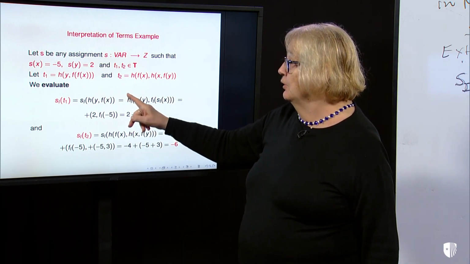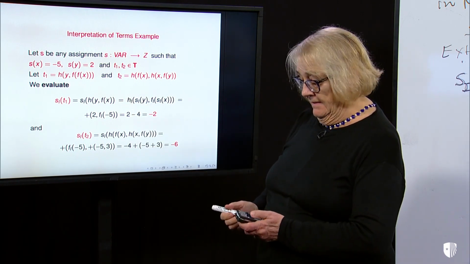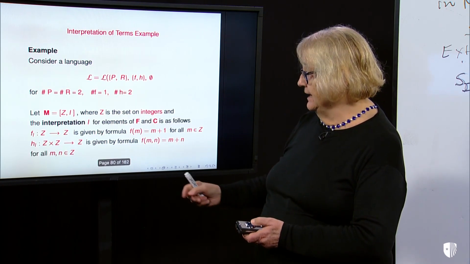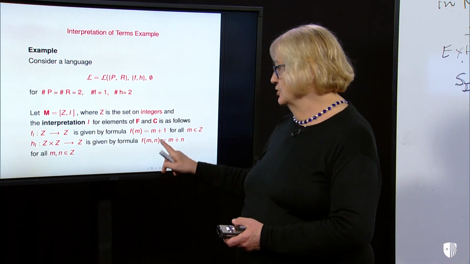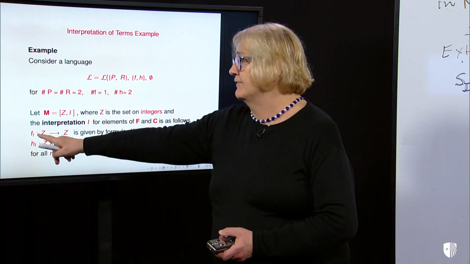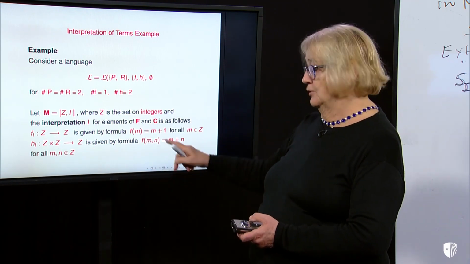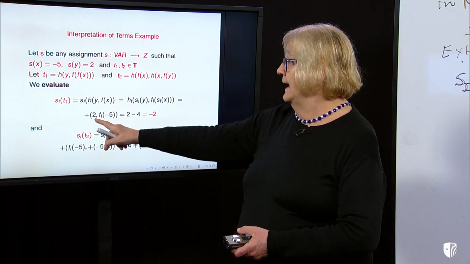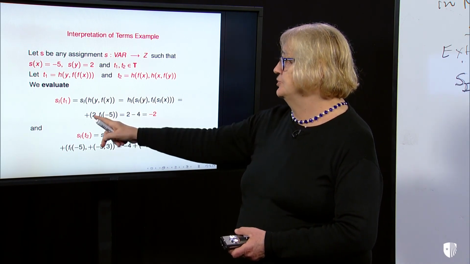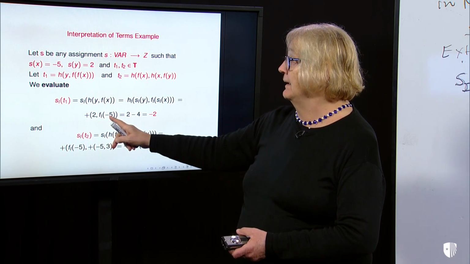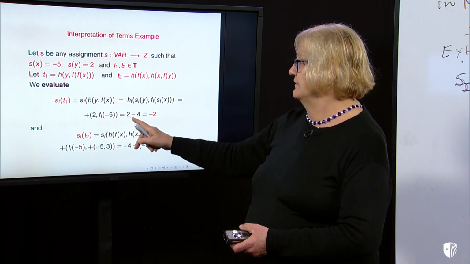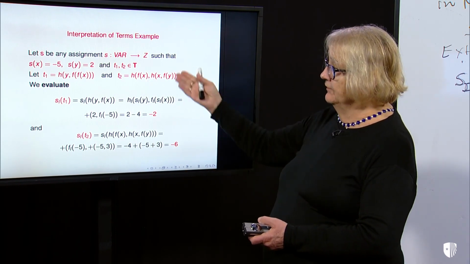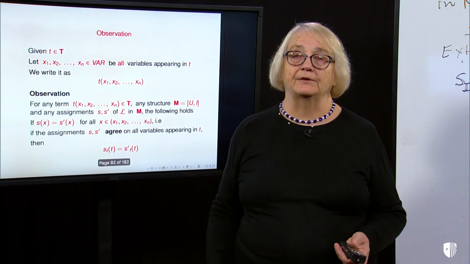So h was plus, because we had the function h, and f was also plus 1. So that becomes 2, and that is f of -5, so I get -2, and similarly I evaluate. So that's how you evaluate.